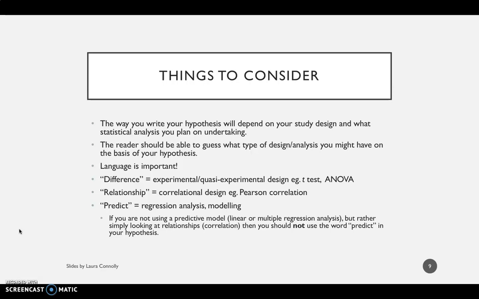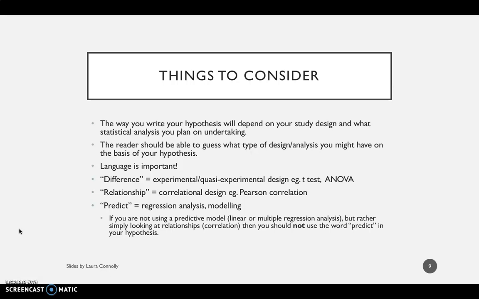Equally, if you say the word predict, you're suggesting a regression type analysis or some type of modeling. So if you're not using a predictive model, such as linear or multiple regression analysis, where you're trying to guess the outcome of one variable on the basis of another, but rather you might simply be just looking at relationships, so how two variables co-occur, then you should not use the word predict in your hypothesis.